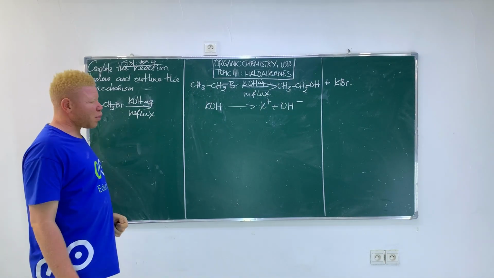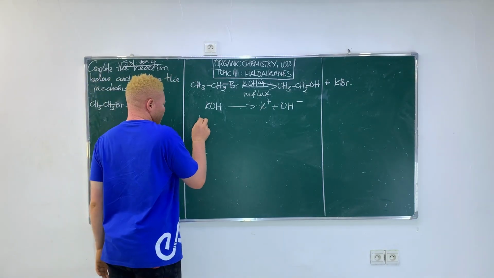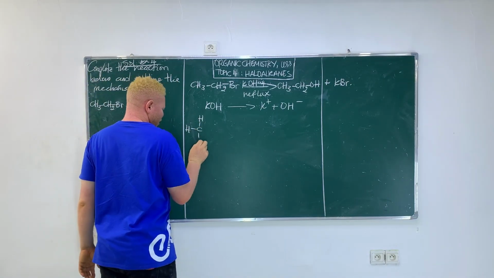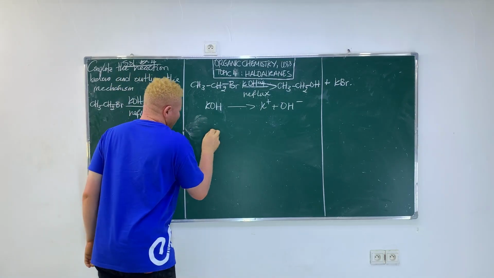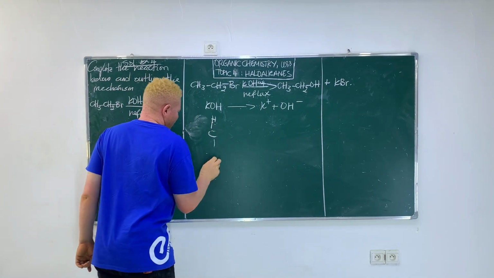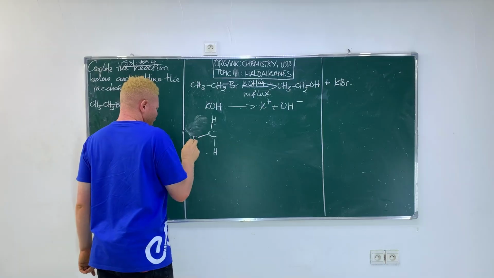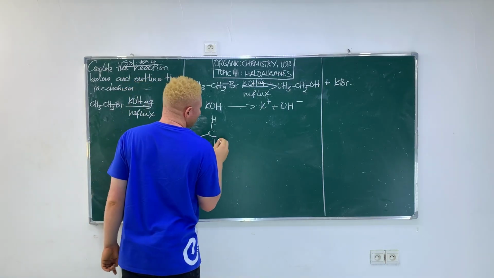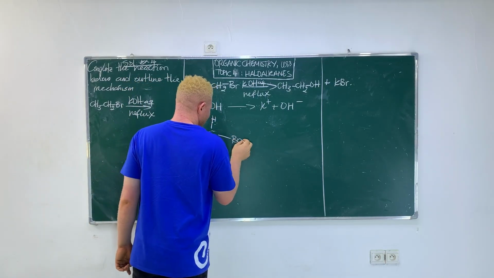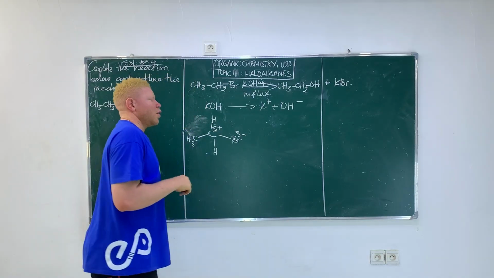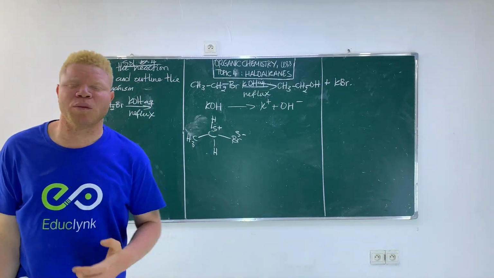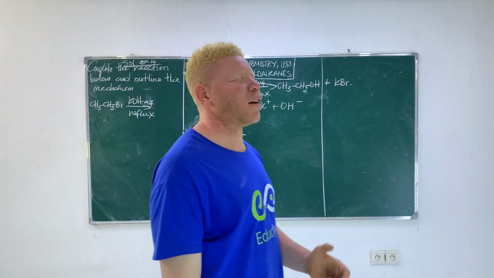So expand the organic compound. So I have the carbon with H, H, and expand on this R, C, H, H. Delta minus, delta plus. The mechanism is an SN2 mechanism and the attack is a backside attack.